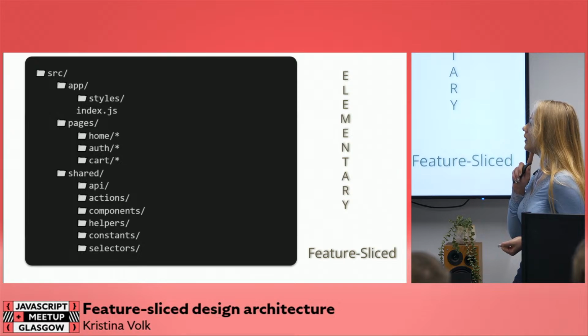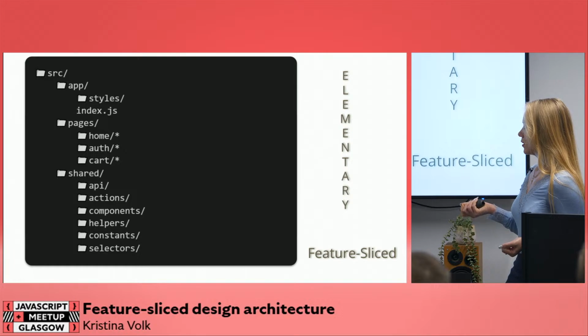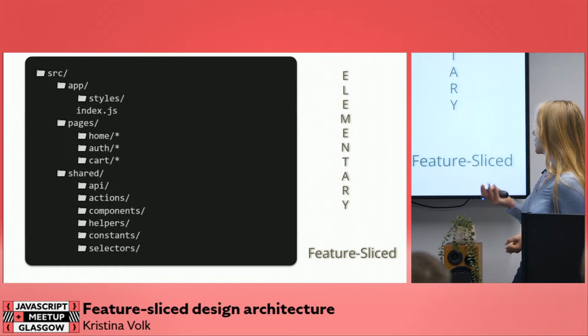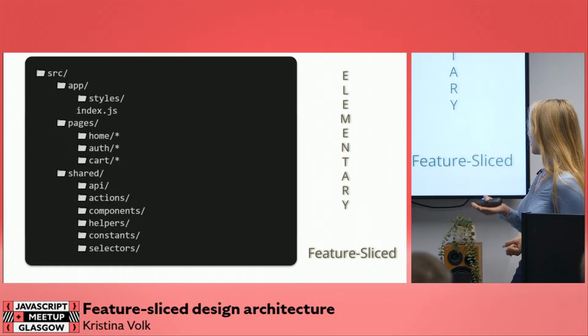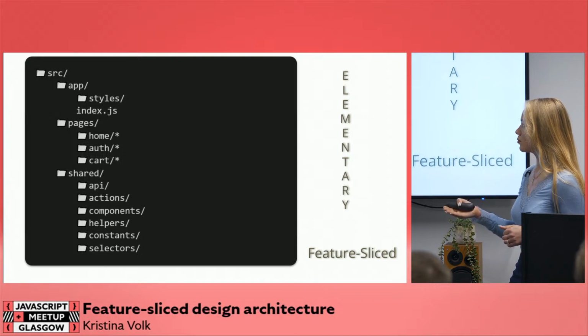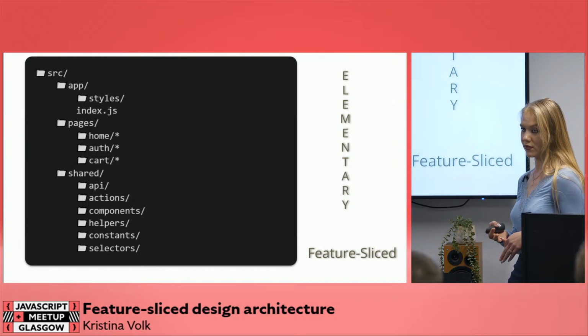Then we can define some pages and share them. So this is the elementary level of how we can move to feature-sliced design, because we understand what we can make very abstract in our application and what we can locate into the pages.